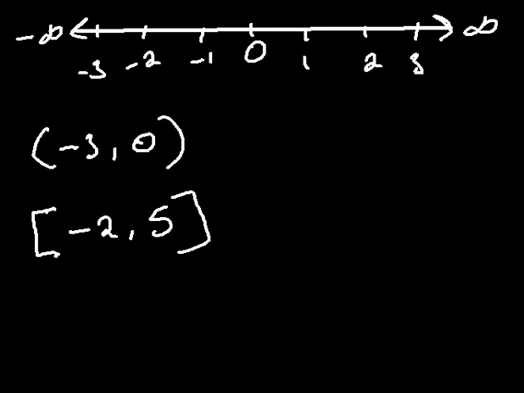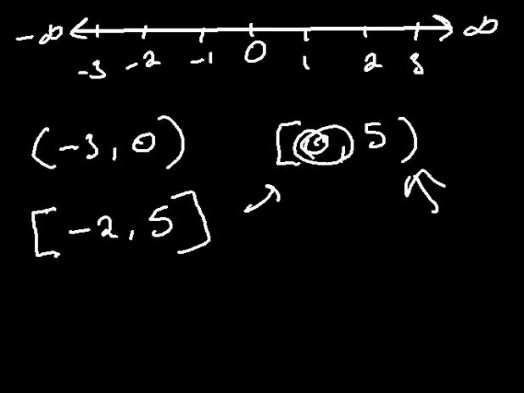And what if we have 0 to 5, like that? In this case you can see that at 0 we have the cross bracket, and at 5 we have the open bracket. What it means is that 0 is part of the interval, but 5 is not.